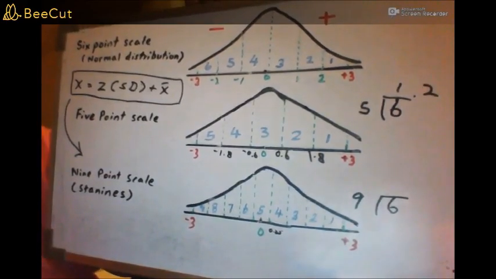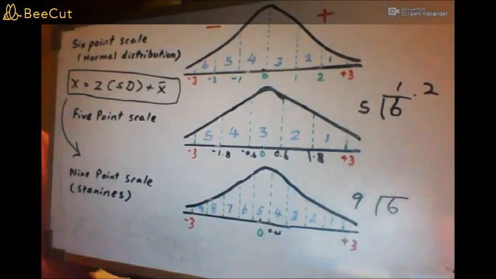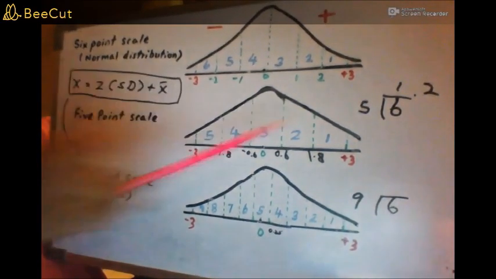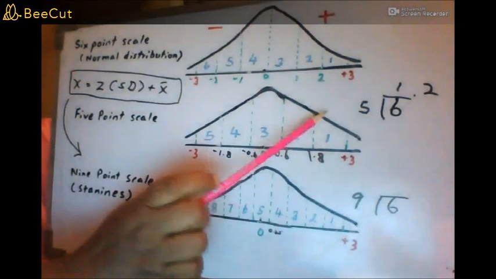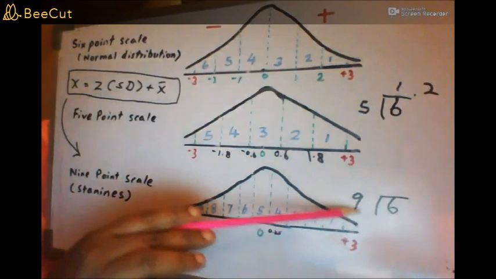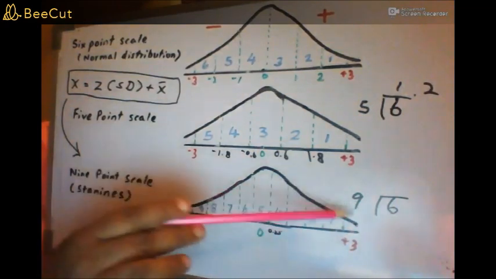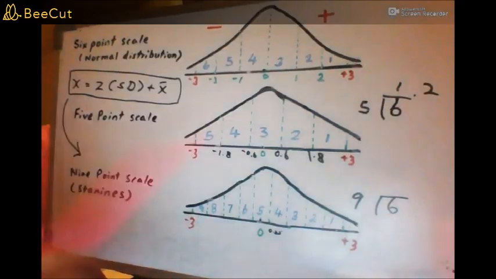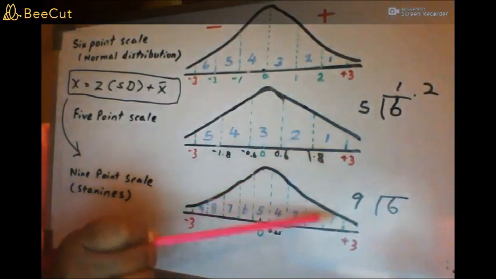Right. So that is the 5-point scale and the 9-point scale. What you have to remember is 6 standard deviations are divided into 5. That's the 5-point scale. Now 6 standard deviations are divided by 9. That's the 9-point scale. And higher scorers are here.